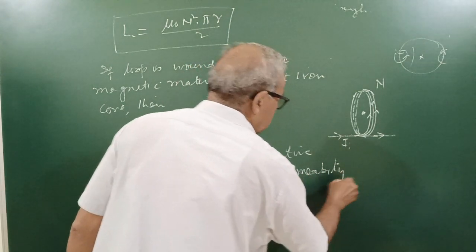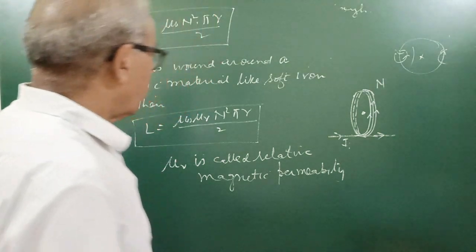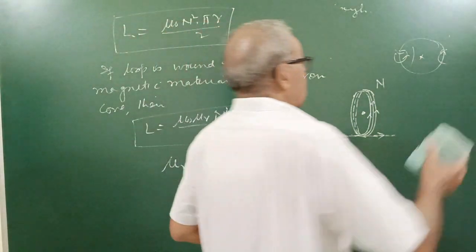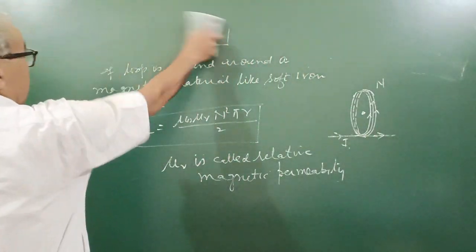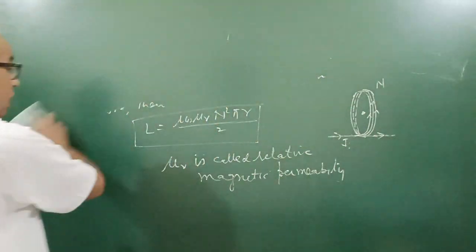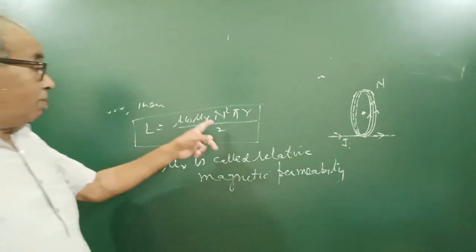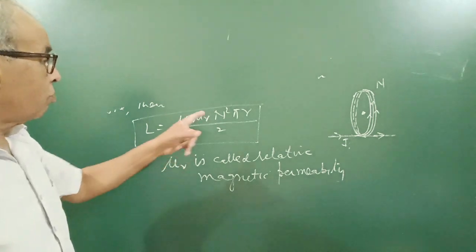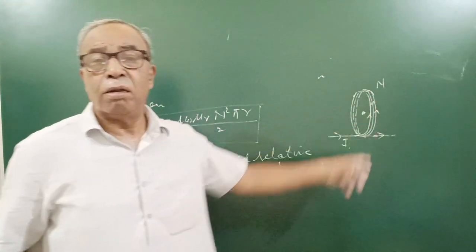Mu R for iron is nearly 800 or 1,000 or even 8,000. So we can increase the inductance L not by increasing N, since it goes as N square, but by increasing the permeability of the material.